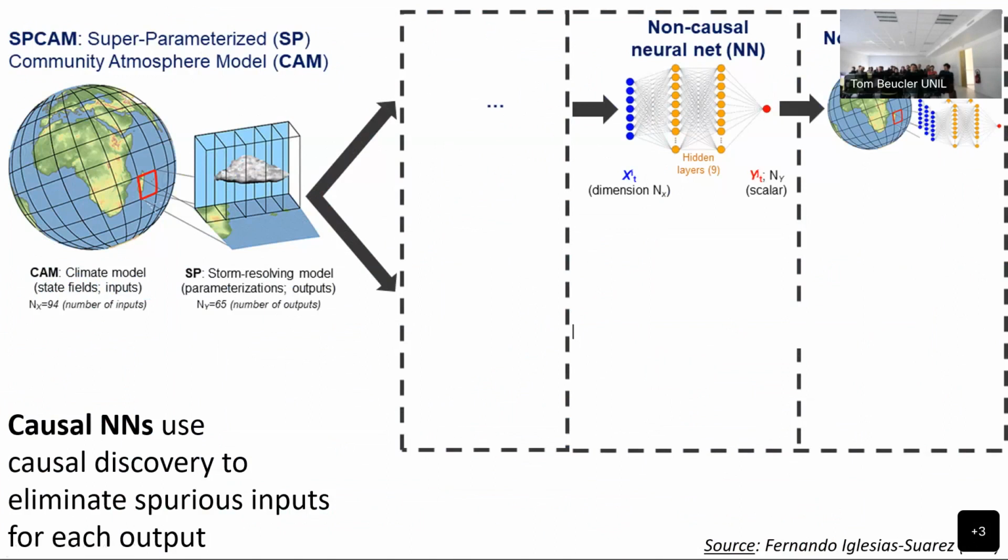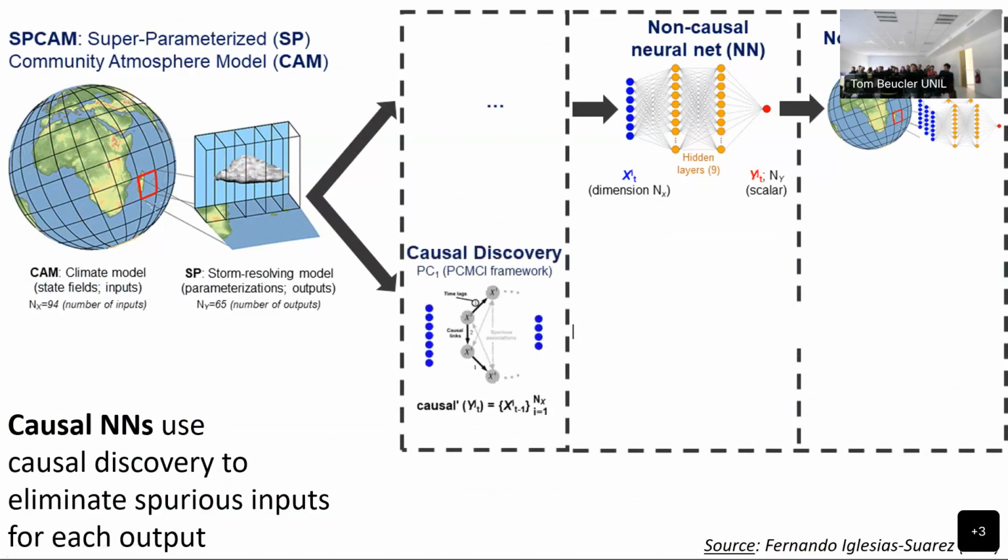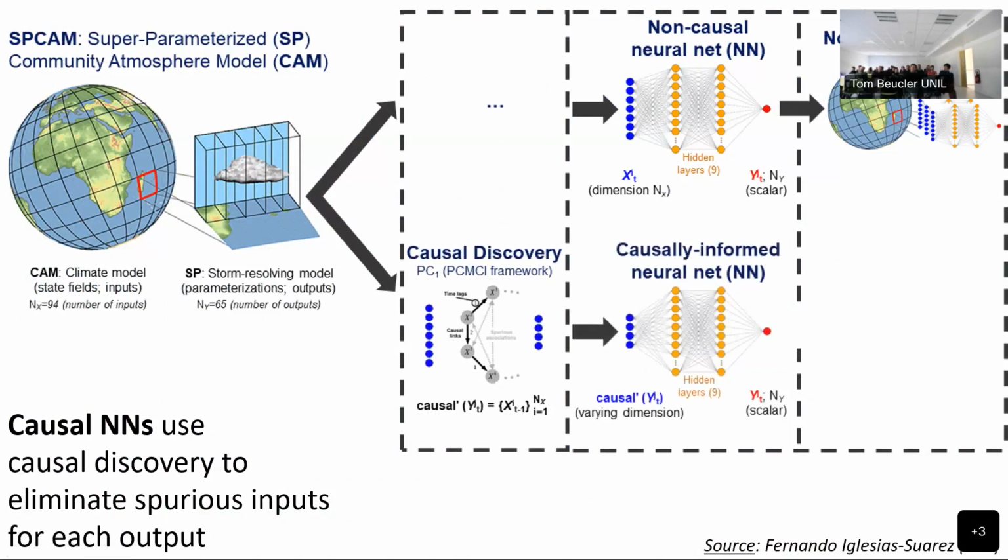The non-causal neural networks keep all inputs, whereas the causal neural networks first run the causal discovery algorithm and only keep the parents that are causally related to the child. So causal neural networks use causal discovery algorithms to eliminate the spurious inputs so that you only keep the inputs most causally related to the output.